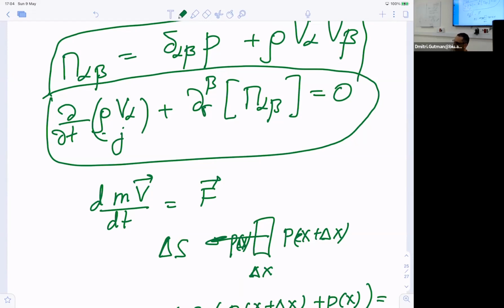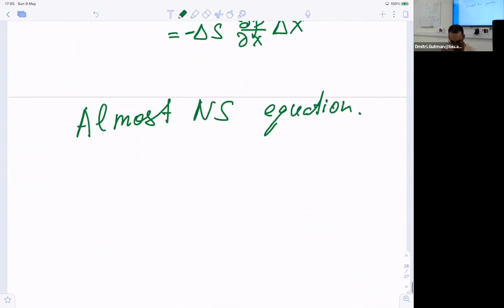You mean in the equation that we just derived, with this P? Yeah, but if you don't like P, let's substitute it.